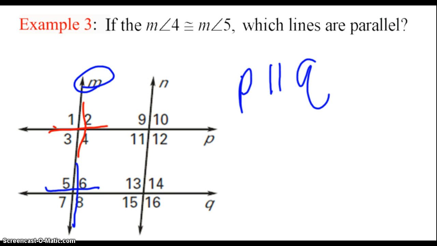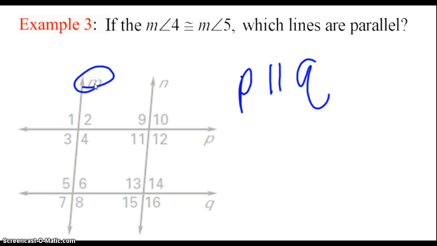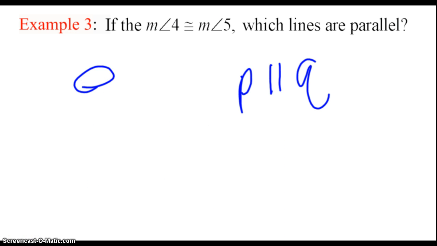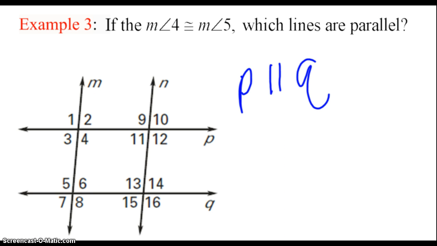Okay? If I were to ask you about 9, and if I said to you which lines are parallel if 9 is congruent to 13, well, 9 and 13 are corresponding. Again, they lie on transversal N, which makes P and Q the lines. I could also ask you, for example, about 5 and 13.